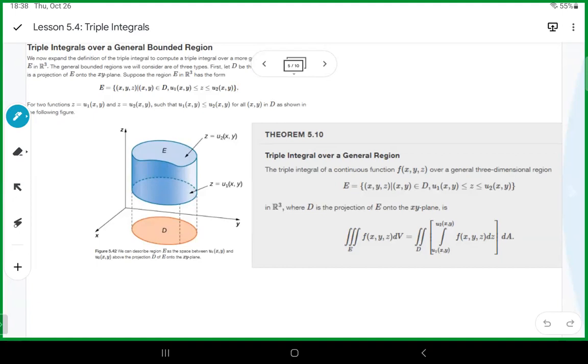All right, so here's your theorem. Here's a nice little image for it.